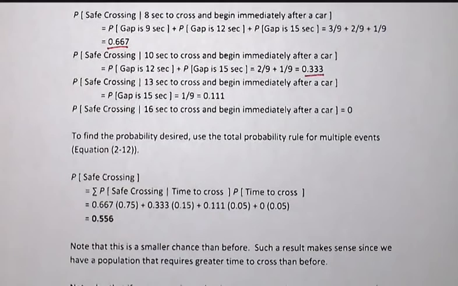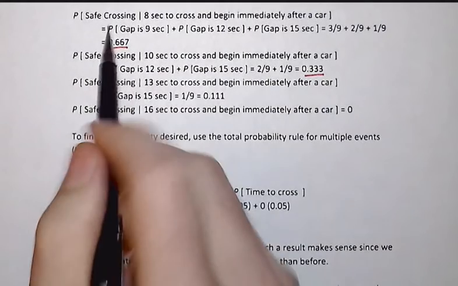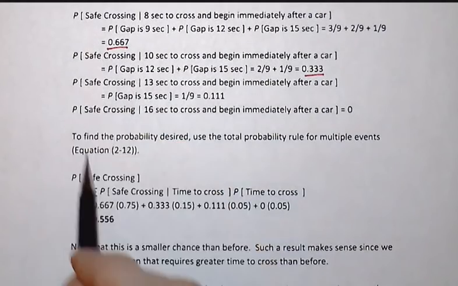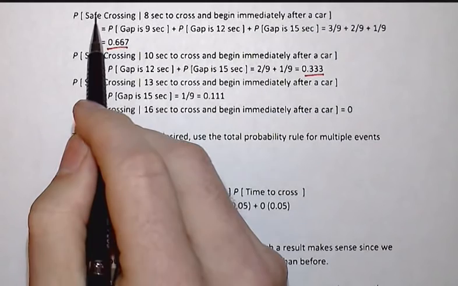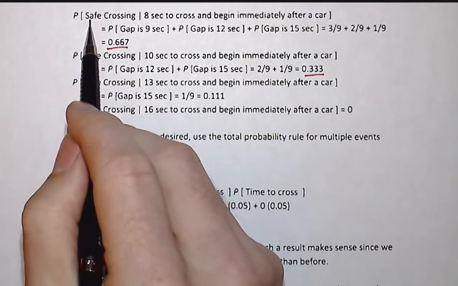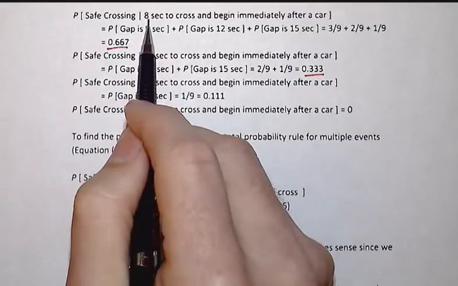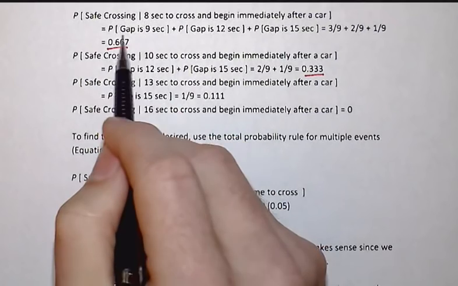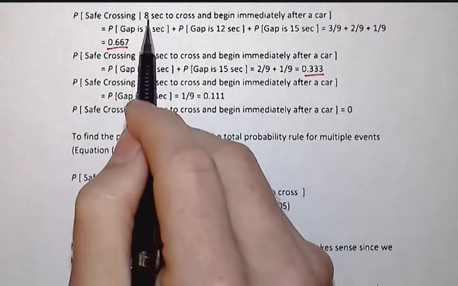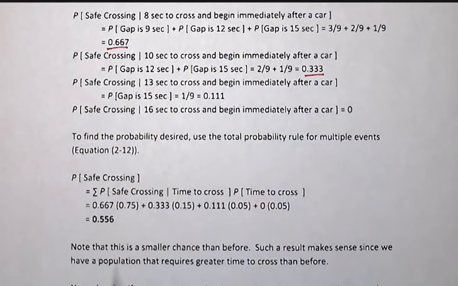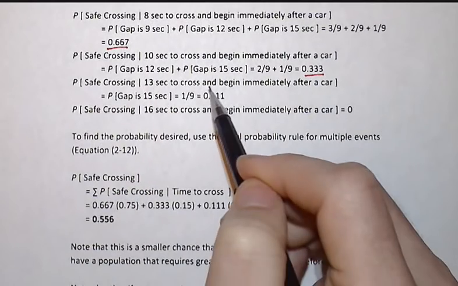Now, ultimately we want to calculate what's the odds of safe crossing. And so first we'll start with, well, what's the likelihood of safe crossing given how long it takes to get across, right? And we've already done this calculation. The specific one was in example Intro 2.1, and that gave us a 67% chance if it took us 8 seconds to get across, and we started at the beginning of the time interval.